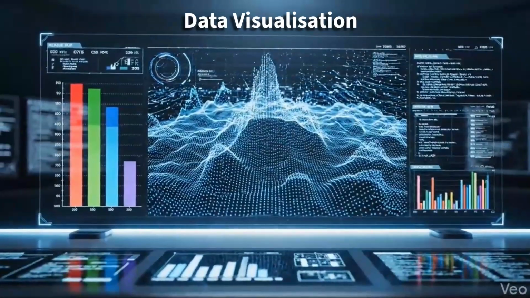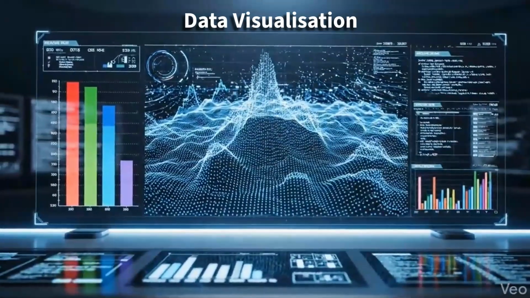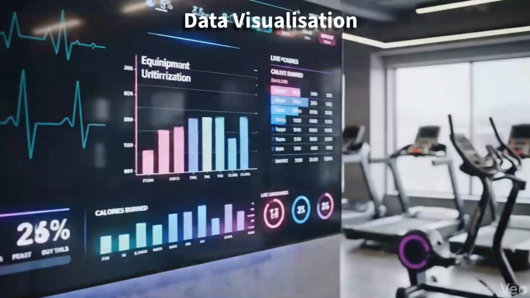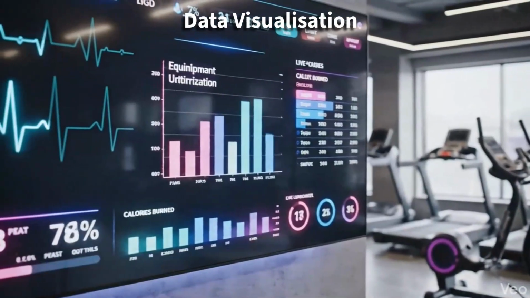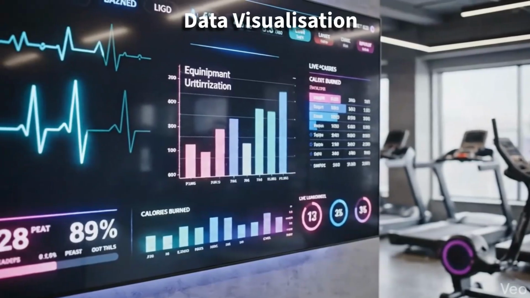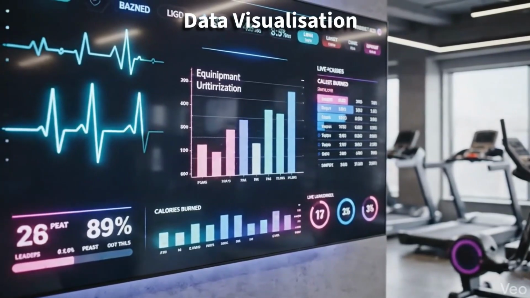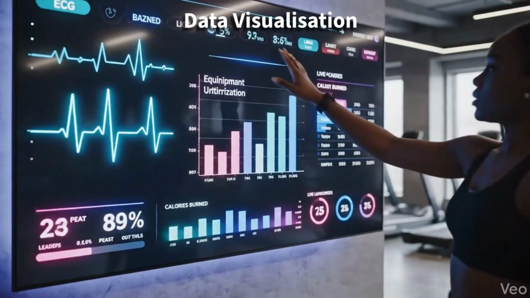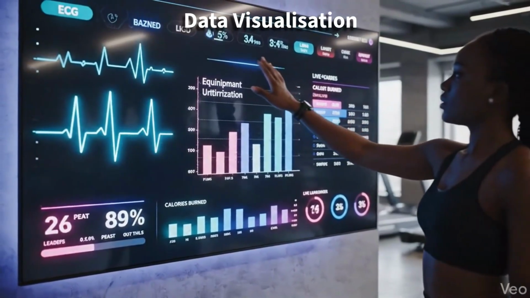The fitness dashboard is a strong example of data visualization, which is a key part of the Stage 6 Enterprise Computing syllabus. Data visualization means turning complex data into easy-to-understand visuals like charts, graphs, colors, icons, and numbers.